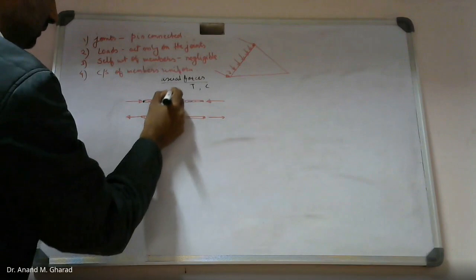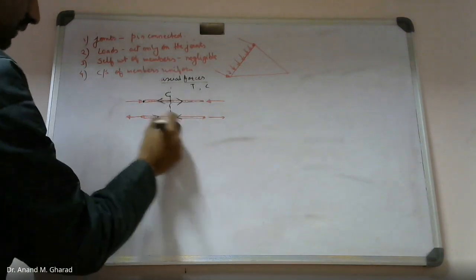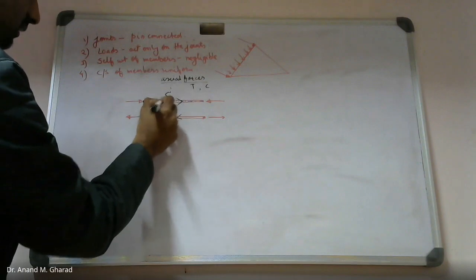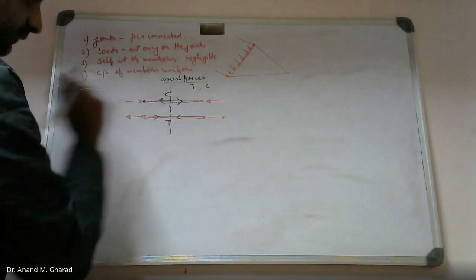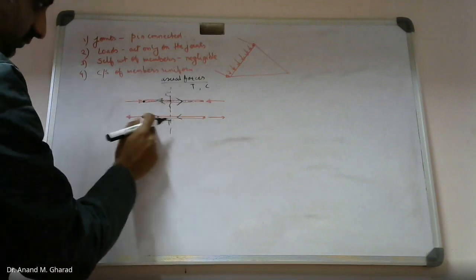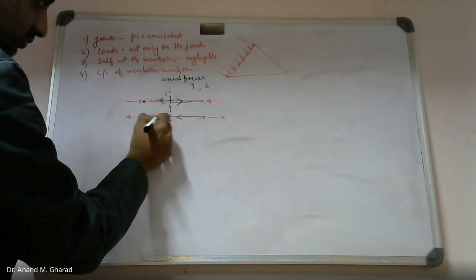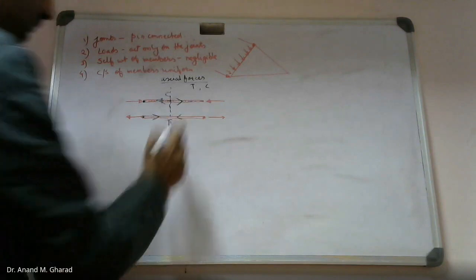If I consider this section on the left hand side, towards the joint the force is acting, so that is compression, and for this, the force moving away from the joint will be tension.